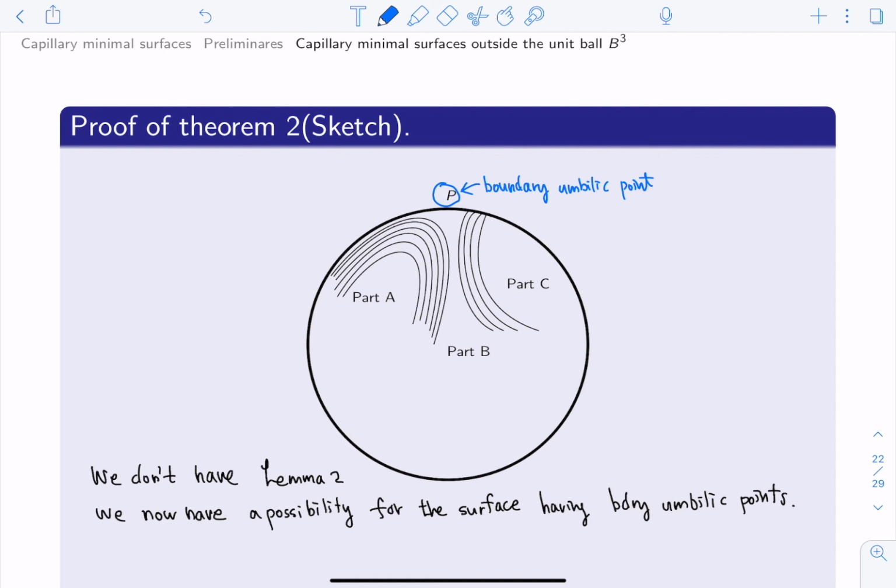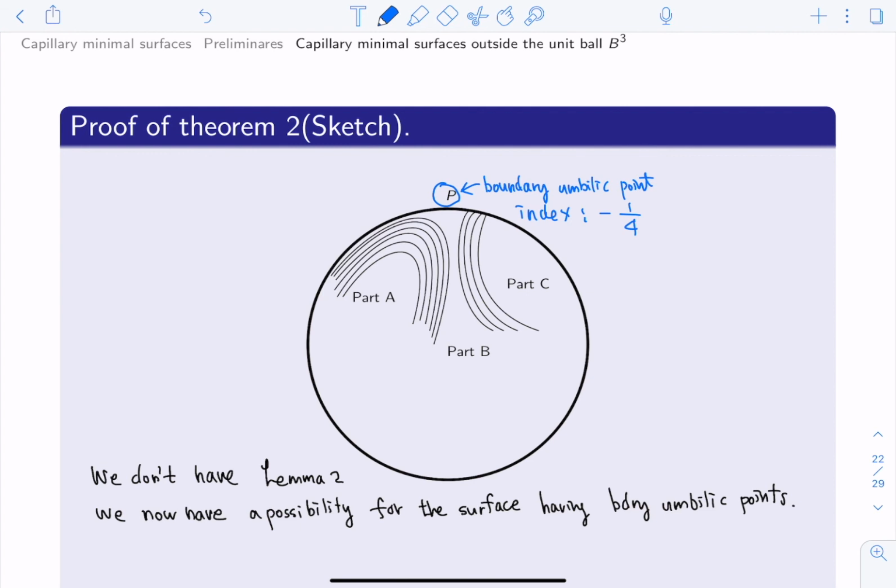So after some calculation, the only possibility with this boundary umbilic point is that it has the index -1/4. So we are assuming that this singularity has index equal to -1/4 here.